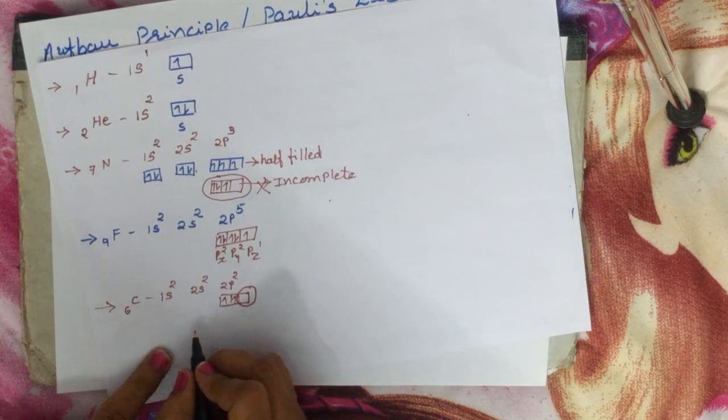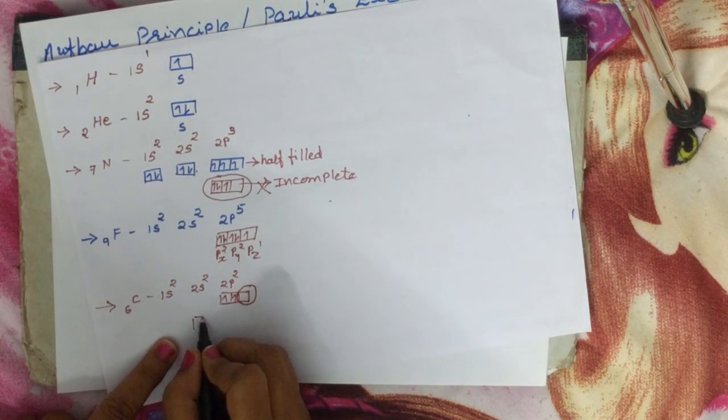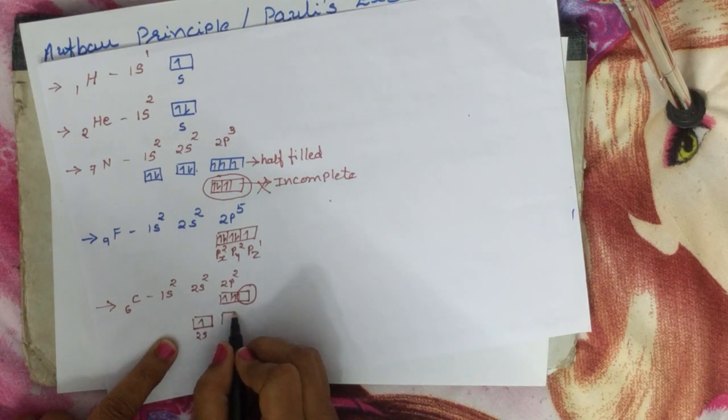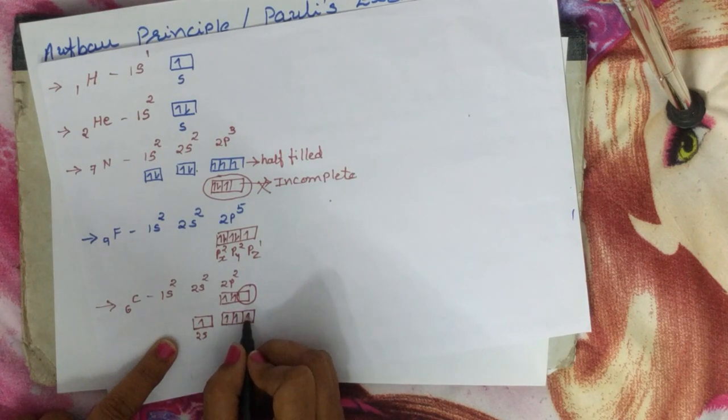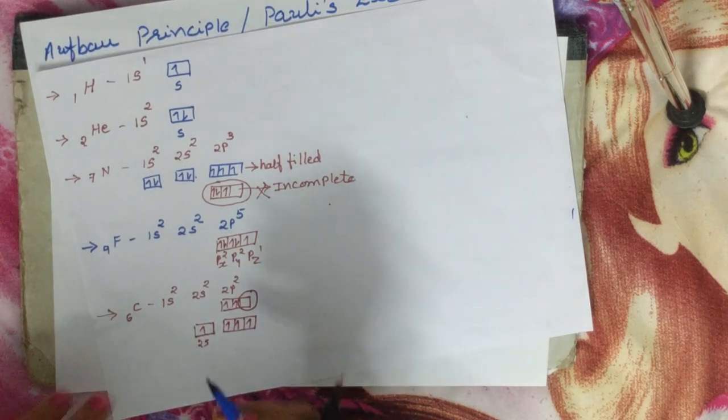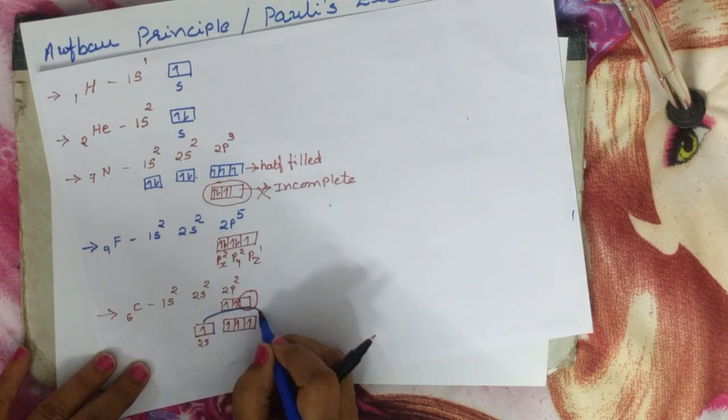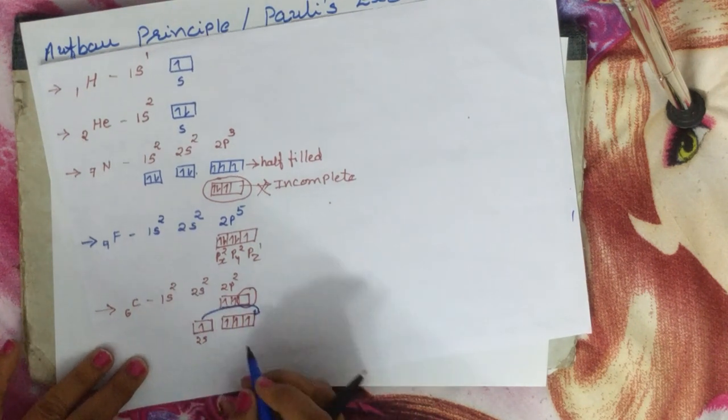Student, when it is in the excited state, the 2s2 electron from the 2s orbital can jump into pz. From here it comes to pz.